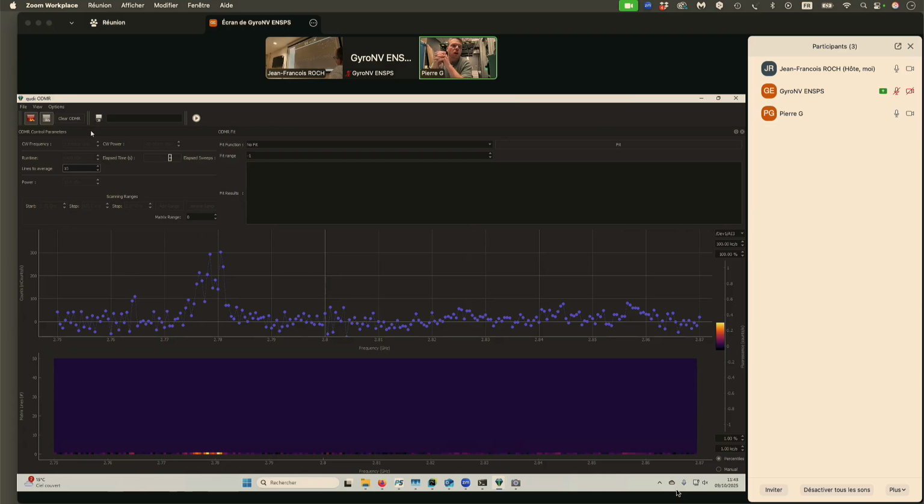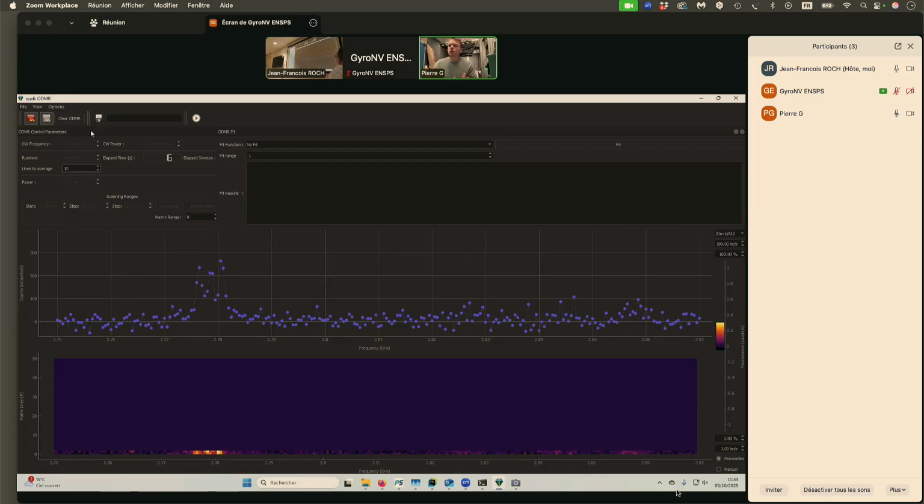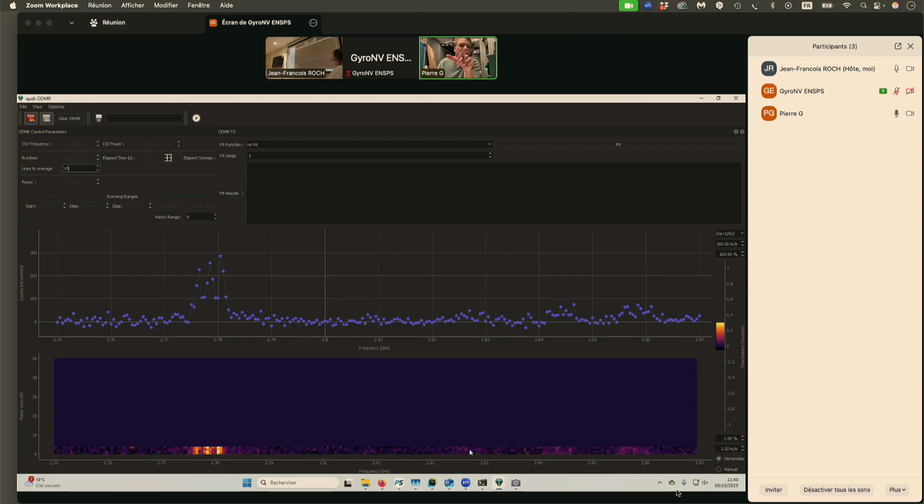If you understand what Jean-François has explained to you, what we see here is on the left one NV family, and on the right, which is not very clear at the moment, but you can see maybe better here, we have in fact 3 other NV families.